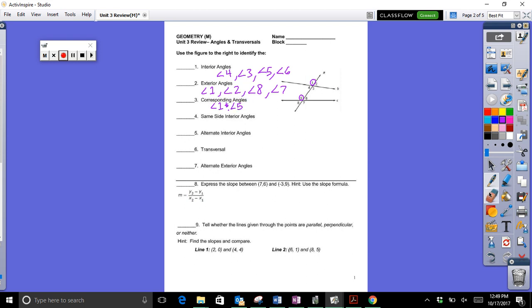There are other ones as well: angle 4 corresponds with 8, angle 2 and angle 6, and finally angle 3 and angle 7.